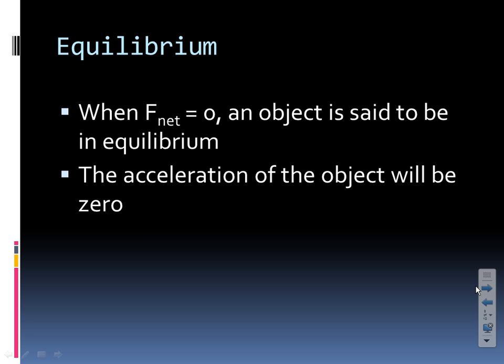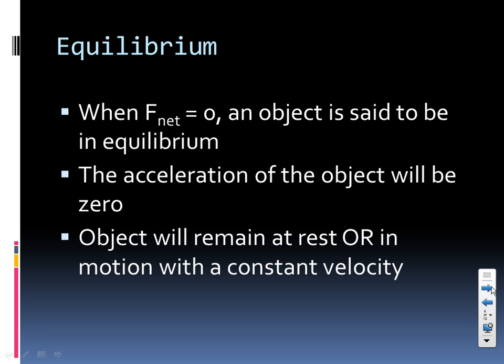What's another example? Constant velocity. An object will remain at rest or remain in motion with a constant velocity. For something to have a constant velocity, what has to be the case? Same speed, same direction. So an object moving in a straight line at a constant speed is also in equilibrium.